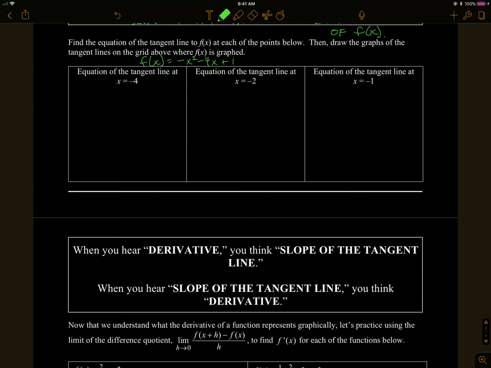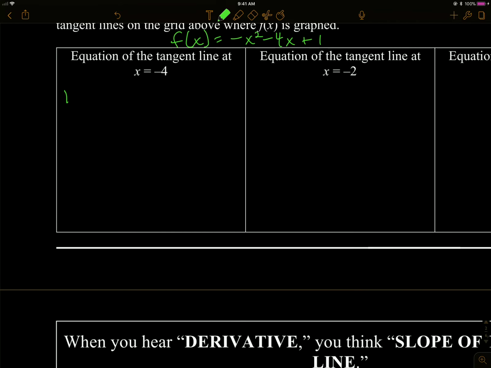So we want the equation of the tangent line, so now we have to go a little bit further. First we want to find the point of tangency. To write the equation of the line, we need a point and we need the slope. To find the point of tangency, we already know the x value of that point. We need the y value. It's on the curve, right? If it's tangent, the point is on the tangent line and the point is on the curve f of x.